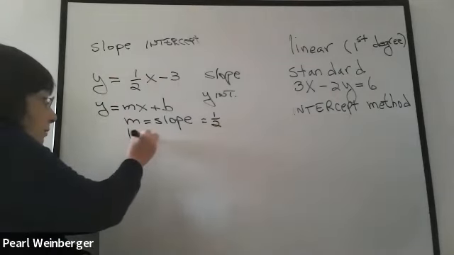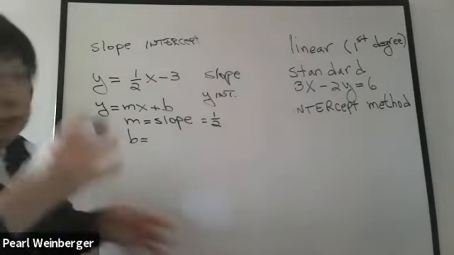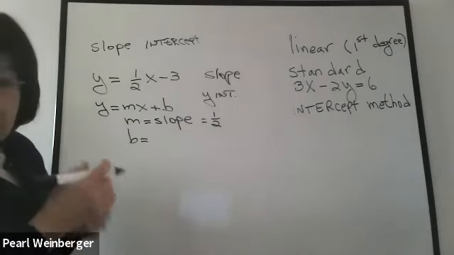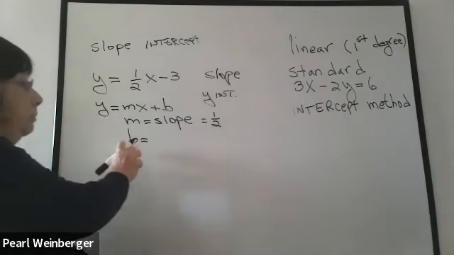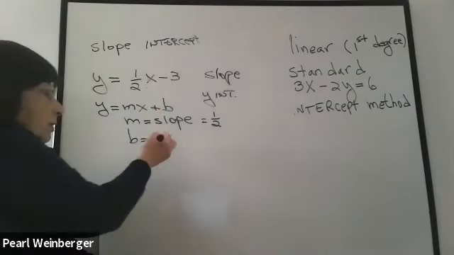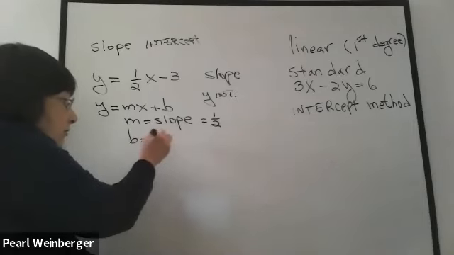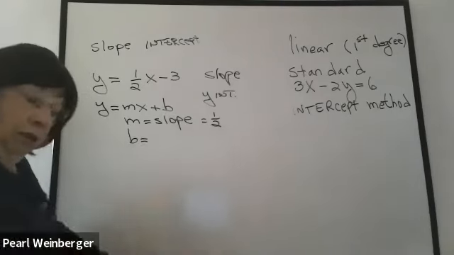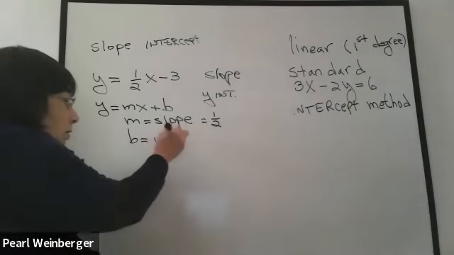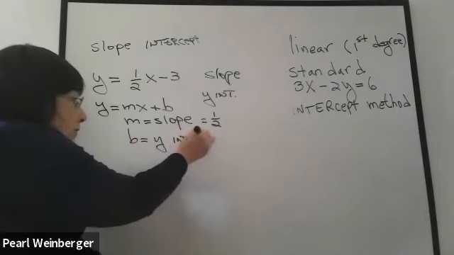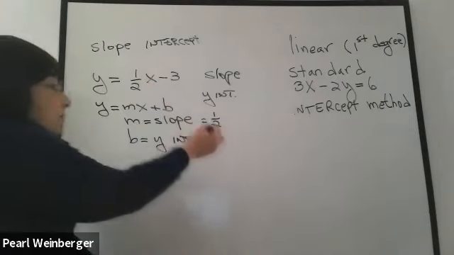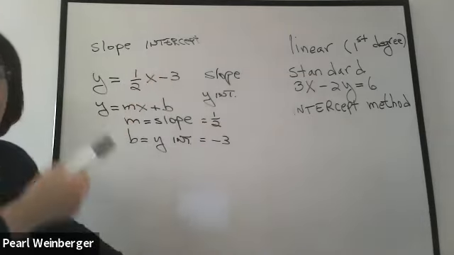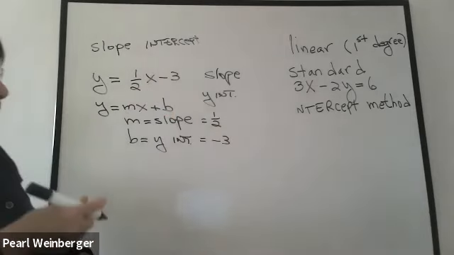And the b, and don't ask me why they picked m and b, I don't know, it's just the standard letters that are used, so we will stick with it. The b is the number that stands alone. That's what we call the y-intercept. For our particular equation, it's -3. Notice I don't just say 3, but -3, because the sign is part of the number.